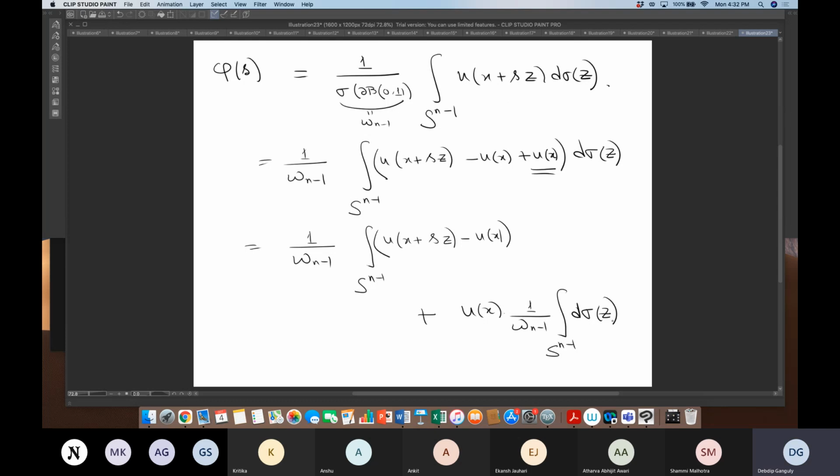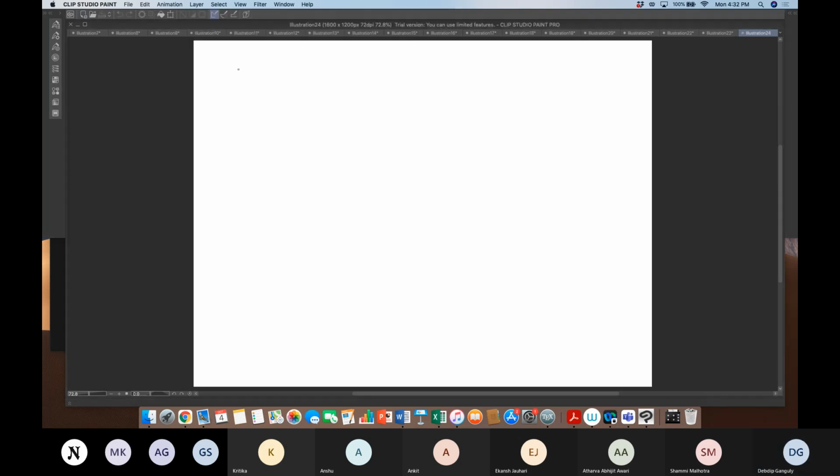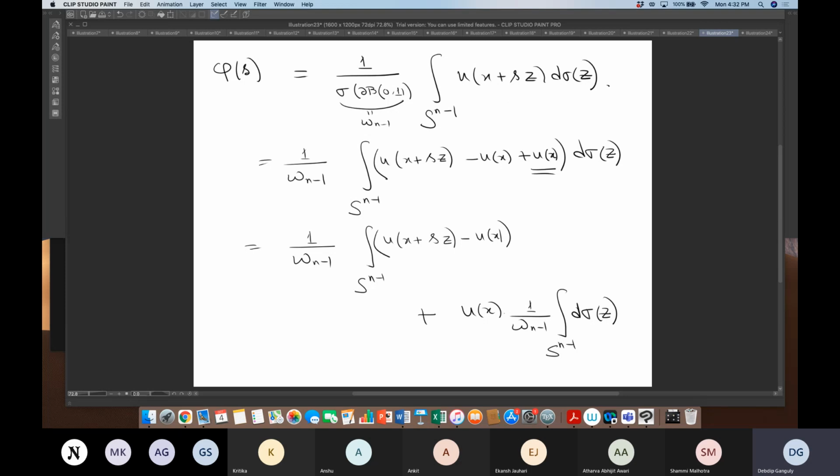Yes or no? Plus u x. Because the integral of d sigma over the sphere is w n minus 1, this cancels out 1.